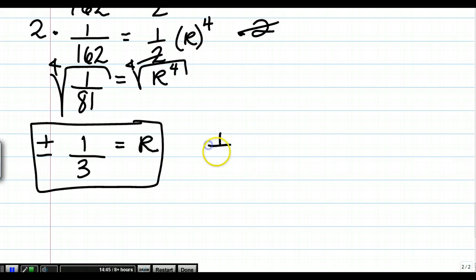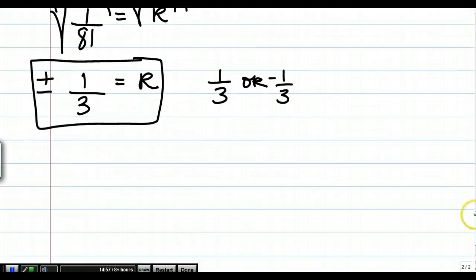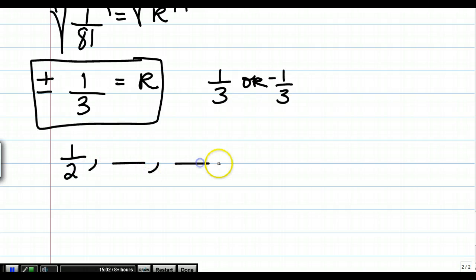It is either 1/3, and I should actually say, negative 1/3. So you have to find those possibilities. So let's look up here. We start with 1/2, and we have to find the next 3 terms and end with 1 over 162.